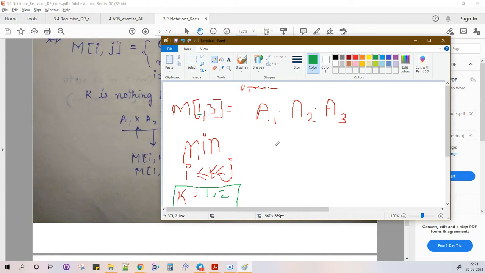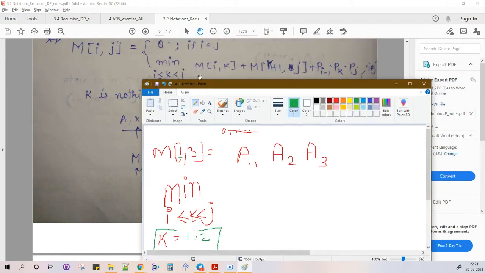If I put k equal to 1, then what will happen? M of i k, that means i equals 1, k equals 1, that means M of 1 1. It is nothing but A1, and the cost at A1 is 0, plus M of k plus 1. So 1 plus 1 is 2, and j is 3, so M of 2 3.